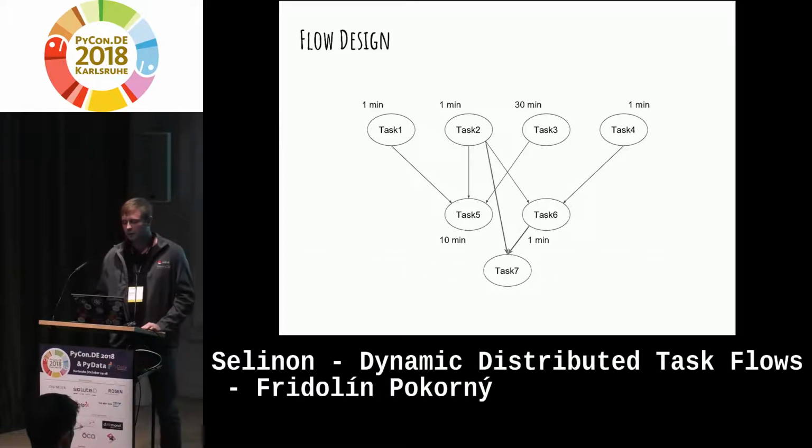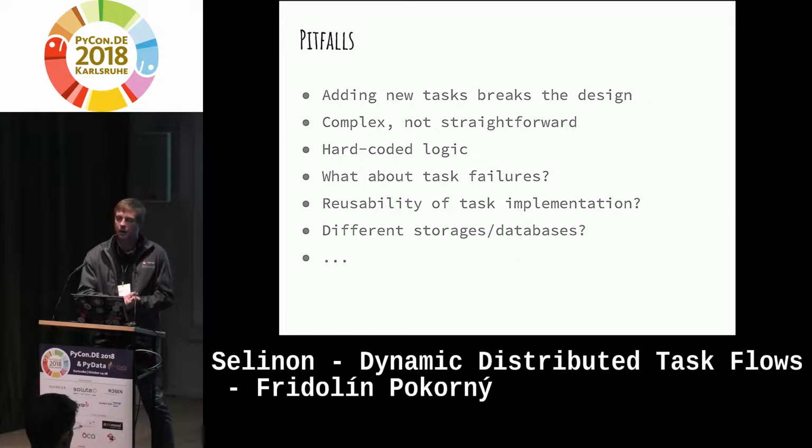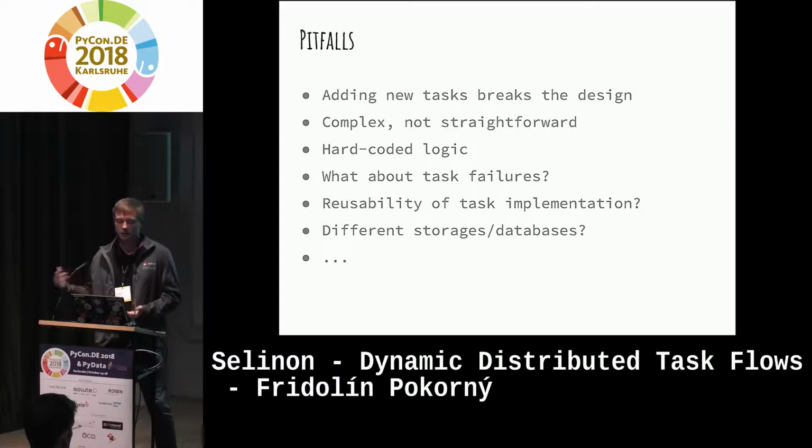Okay, so these are all the pitfalls that I stated. We were not able to add new tasks into workflow management. It was not straightforward. When a new colleague came, it was basically a nightmare to introduce him into the workflow management we had. And we then came with issues like, okay, what if one task fails?